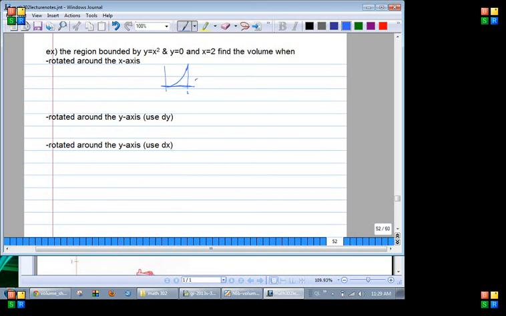So if we're going to rotate around the x-axis, how do you want to set this up? Using the horizontal slice. Horizontal like this. So you make horizontal slices, and then you rotate around the x-axis. What is that going to give you? It's going to give you shells. Do we need to use shells here?